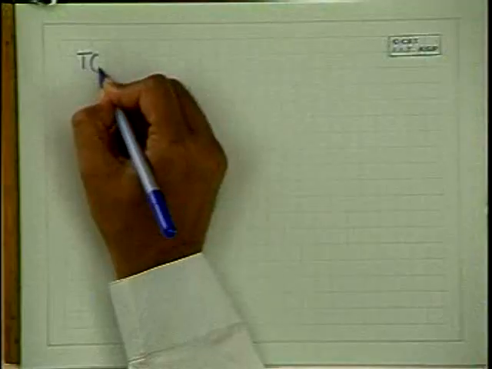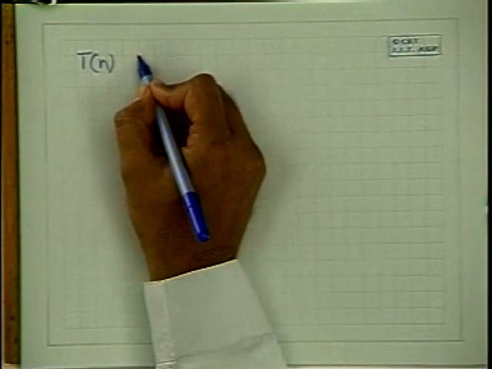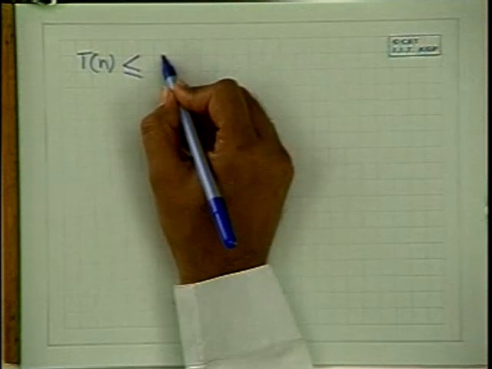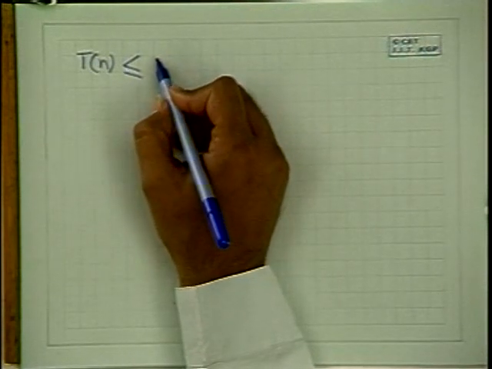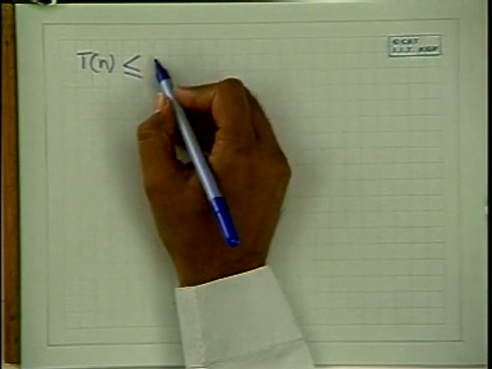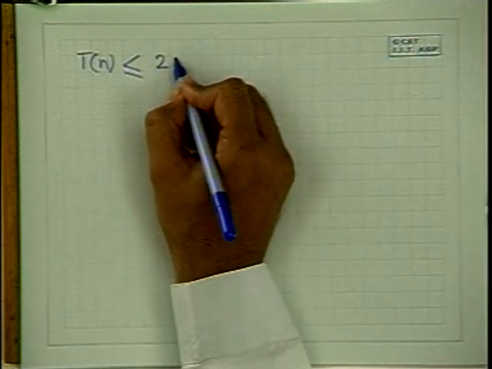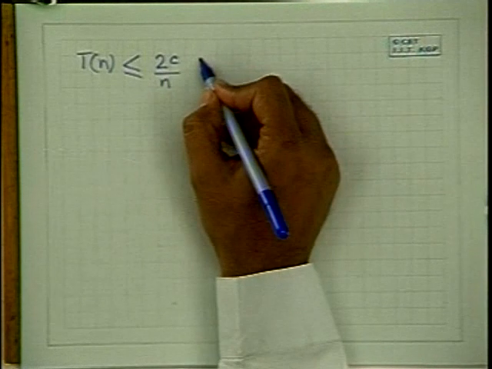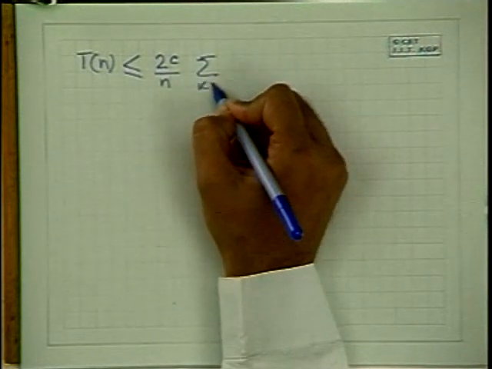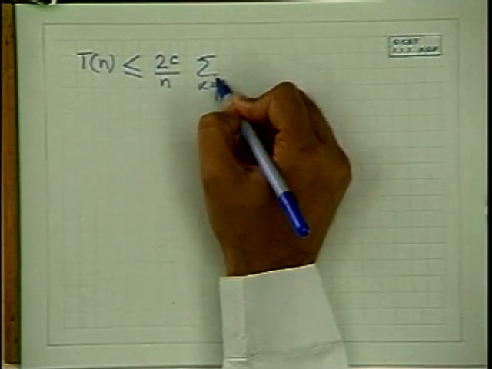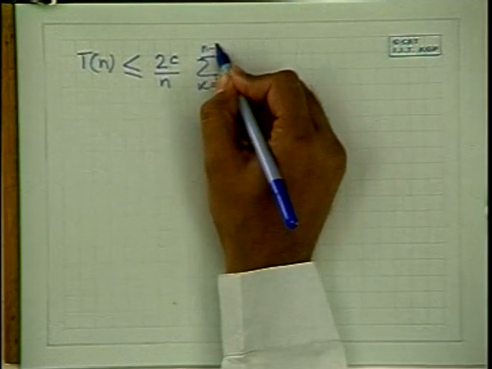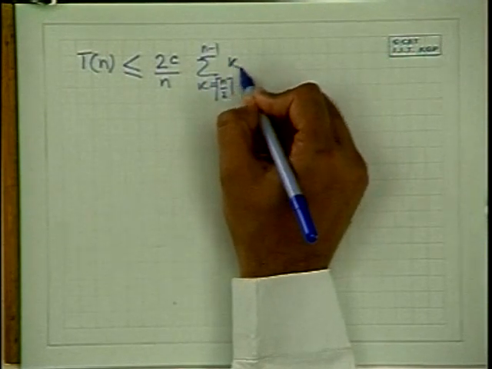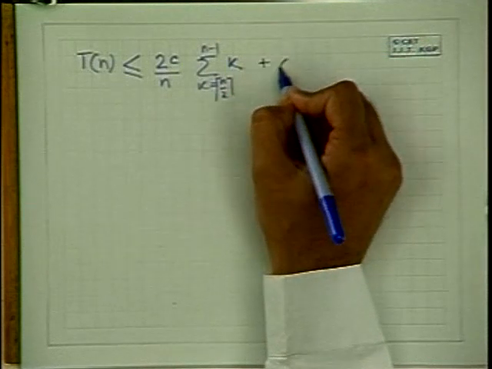So I have to prove Tn is less than or equal to Cn. Now I know by induction Tn is less than or equal to, so for Tk I put Ck basically. So if I put Ck, what do we get? 2C over n, then sigma k equal to n over 2 to n minus 1 of k, plus order of n.